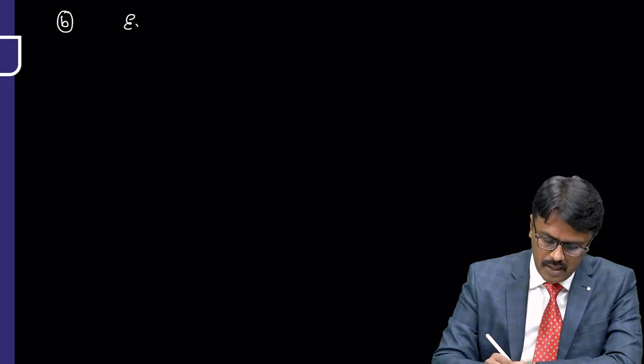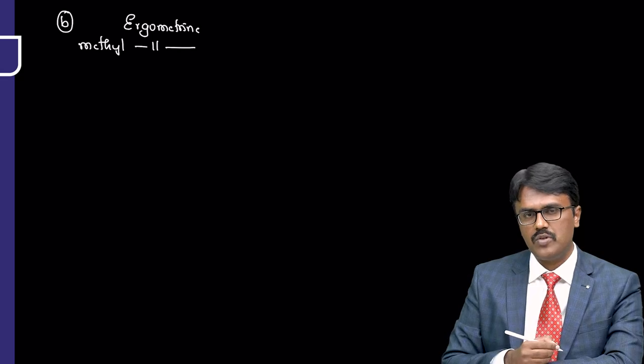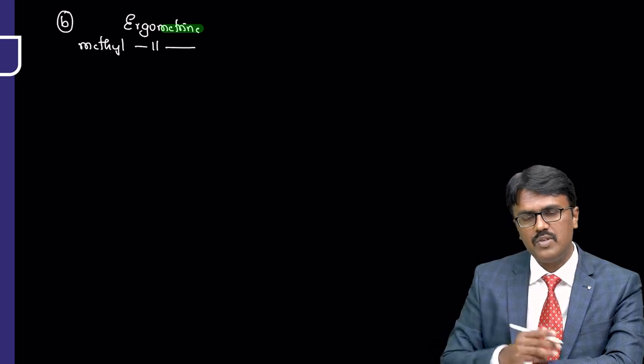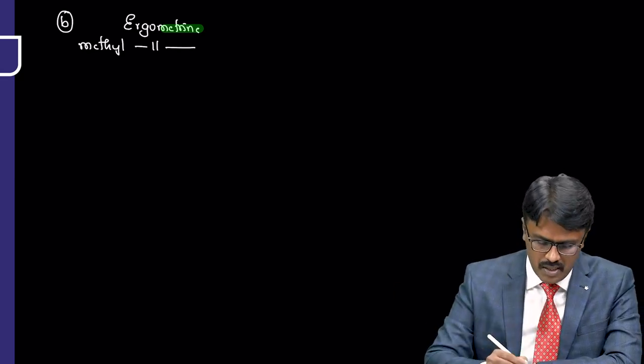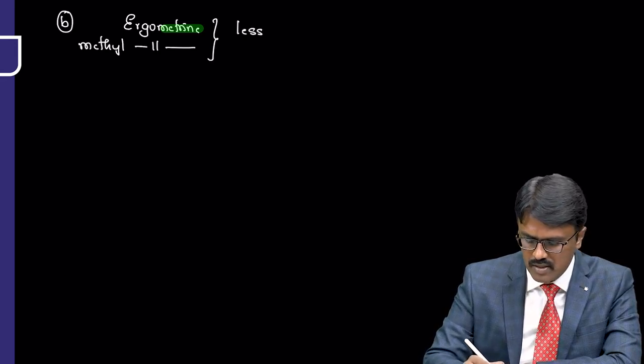The second group of ergot drugs are ergometrine and methylergometrine. If you read the name, it has metrium, as in endometrium, so it is related to the uterus. The advantage of these drugs is they have less vasoconstriction.